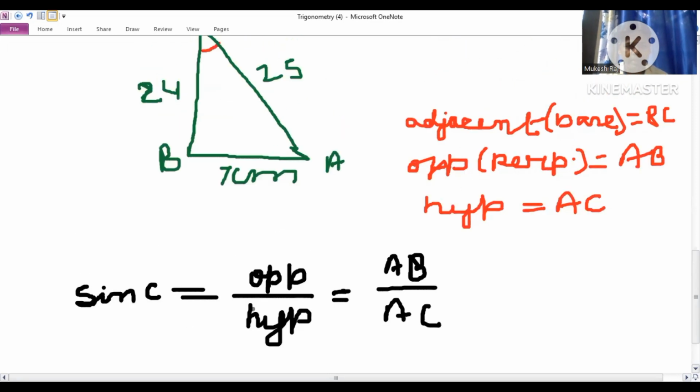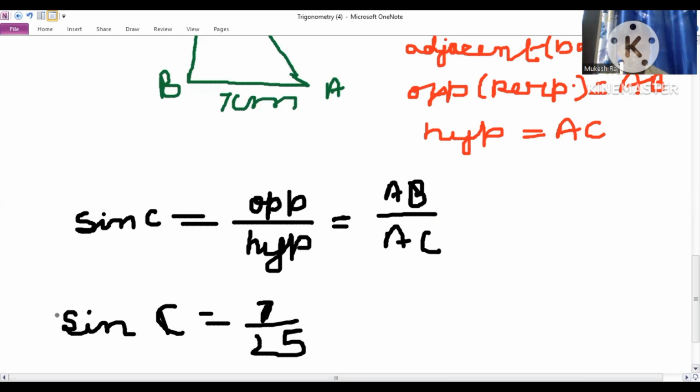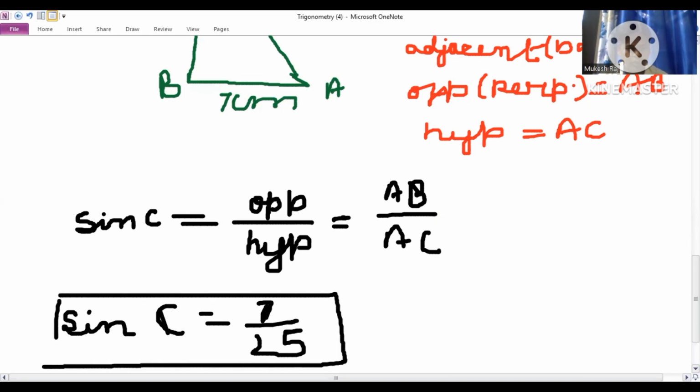Putting the values of AB and AC, AB is 7 and AC is 25. So here comes 7 upon 25. So the value of sine C that we have obtained as a result of calculation is 7 upon 25.